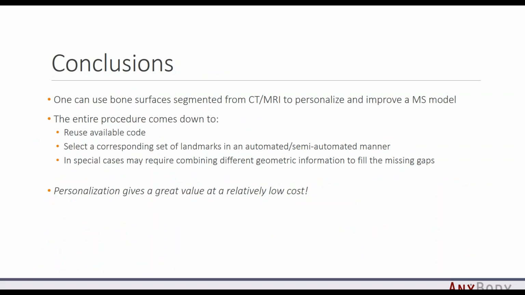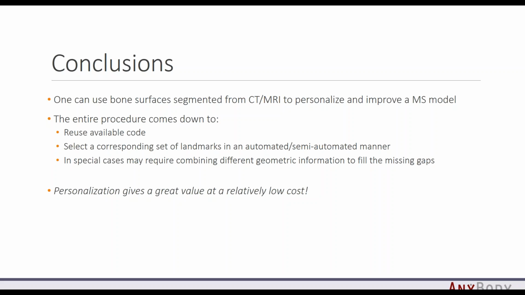So just to conclude everything, one can use bone surfaces segmented from CT, MRI to personalize and improve musculoskeletal models. And the procedure comes down to several steps. First of all, we always reuse our code, and normally all the code is available already, so you don't actually have to implement much. And secondly, we just select a corresponding set of landmarks in an automated or semi-automated manner.